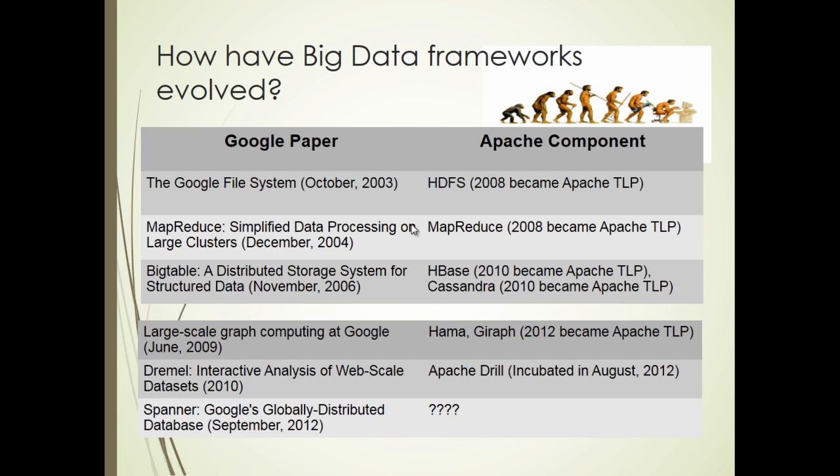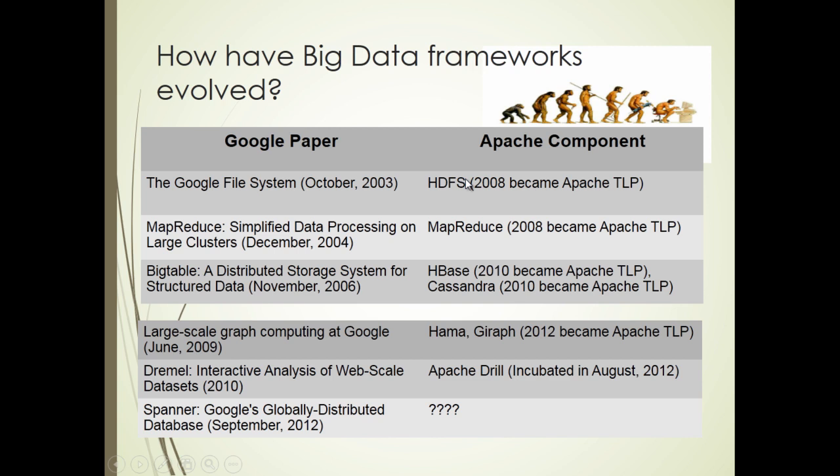Some of the members from Apache took this white paper given by Google. Google internally implemented the Google file system and released it as a white paper, and the Apache Foundation implemented the Hadoop Distributed File System under this name, and it became a top level project in 2008. This is for storing the data.